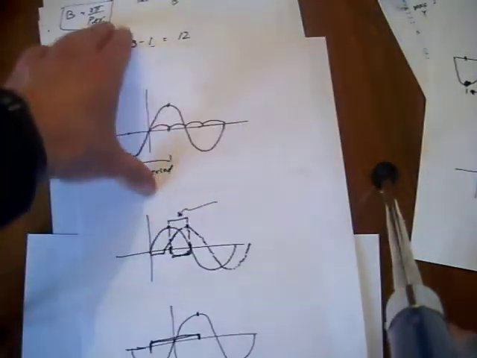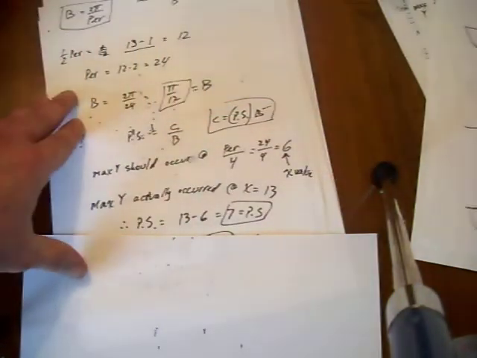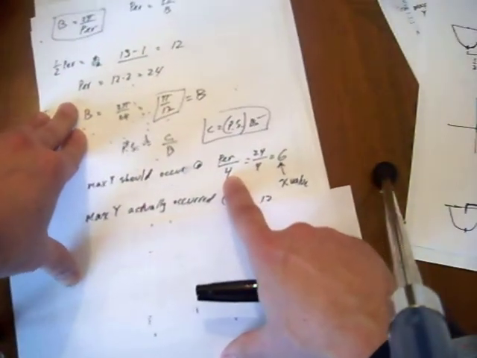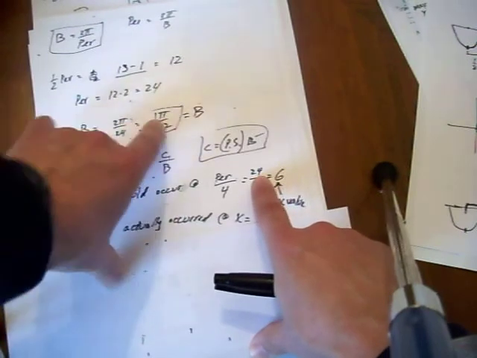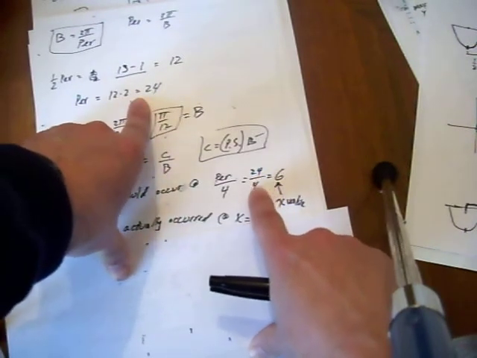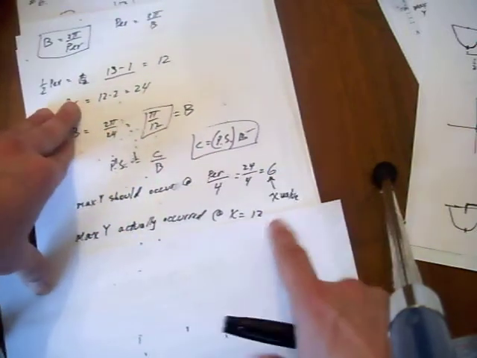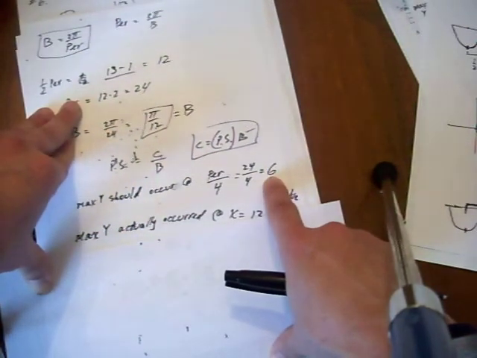So maximum y should occur at period divided by 4. Well, period is 24, we found from before. 24 divided by 4 equals 6. That should be the x value where it should have occurred.